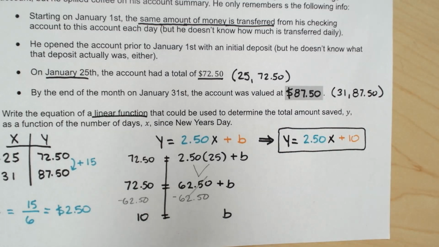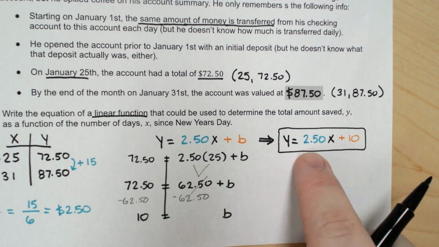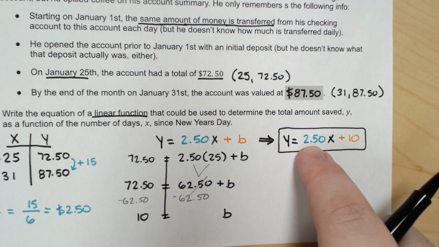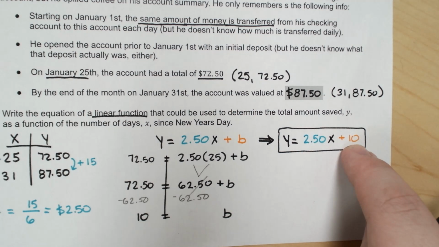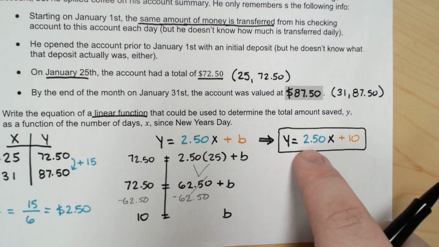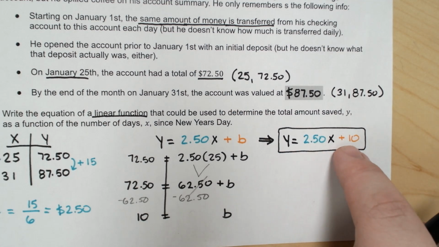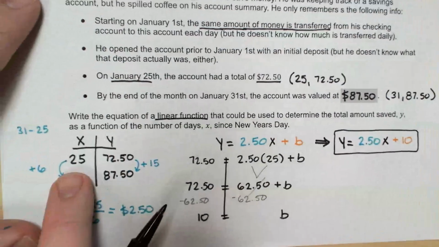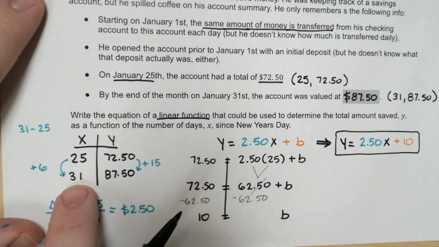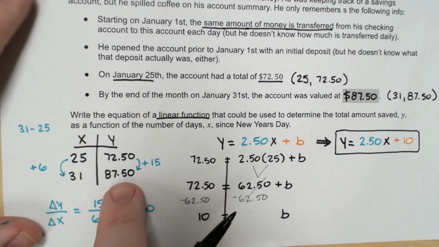So it looks like this account is auto-drafting $2.50 per day into the savings account, and he started with $10 whenever he opened the account. So on day one it pulled $2.50 out, and this $10 plus $2.50, on day one the account was worth $12.50, and then $15, and then $17.50, and it just kept building until on day 25 it was worth $72.50, and on day 31 it was worth $87.50.